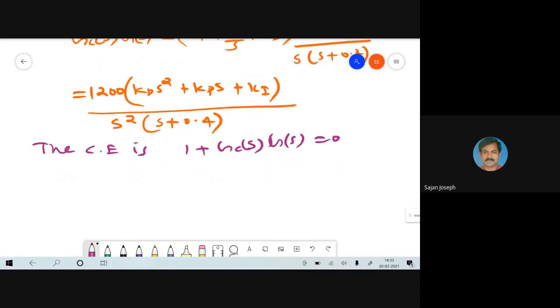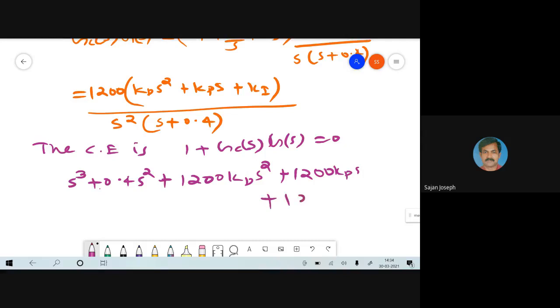When you do that, you get s³ + 0.4 s² + 1200 Kd s² + 1200 Kp s + 1200 Ki = 0.